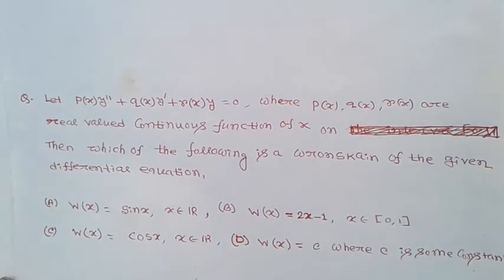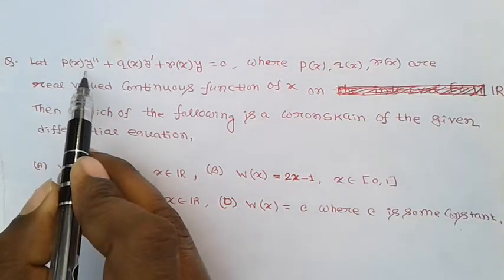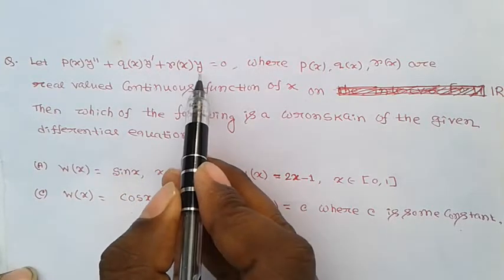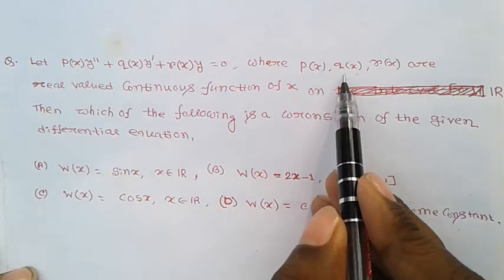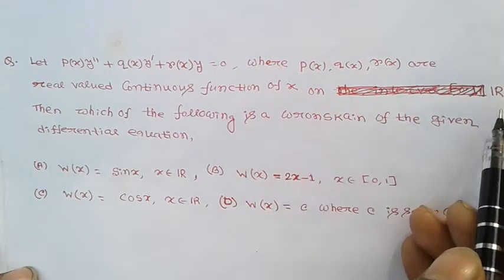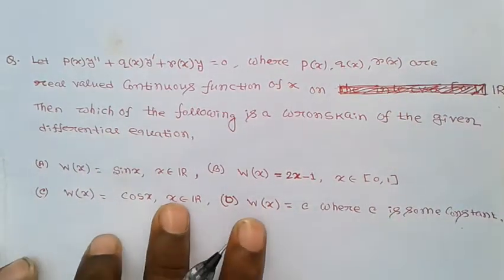Now the next problem is: let p(x) y'' + q(x) y' + r(x) y = 0, where p(x), q(x), r(x) are real valued continuous functions on the real field. Then which of the following is a Wronskian of the given differential equation?